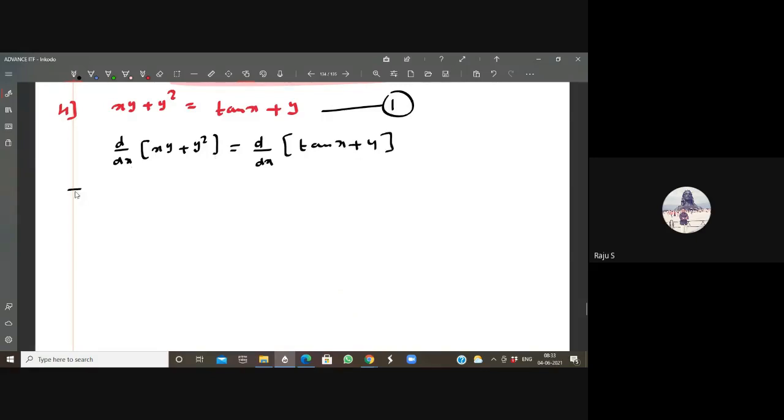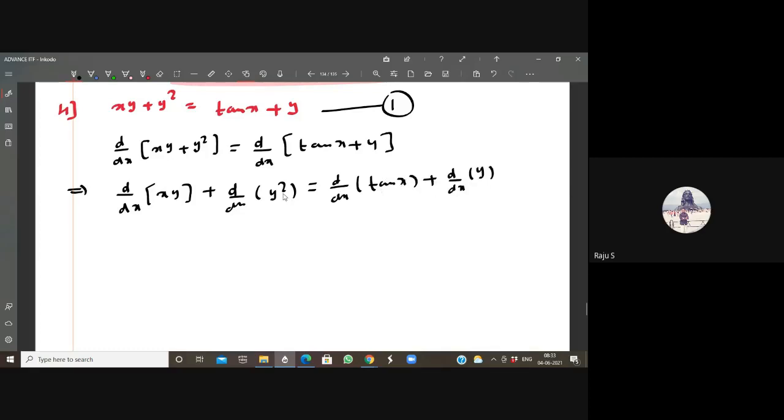Now write it separately. Which implies d by dx of xy, d by dx of y square, d by dx of tan x, plus d by dx of y. See here, the UV formula. Since we know the UV formula, anyone, what is the derivative of UV? U V dash plus U dash V. So here, what is U?